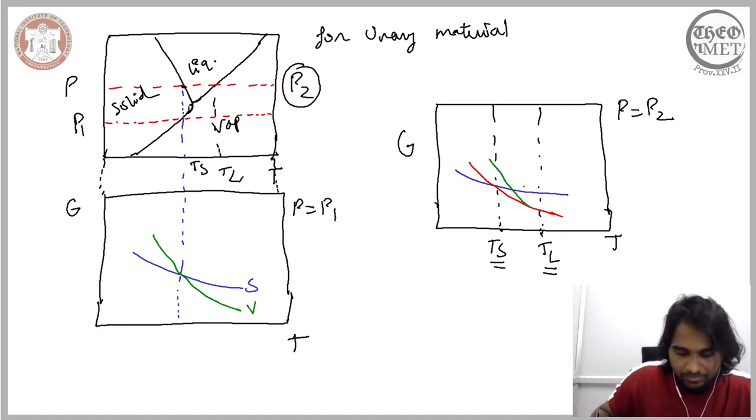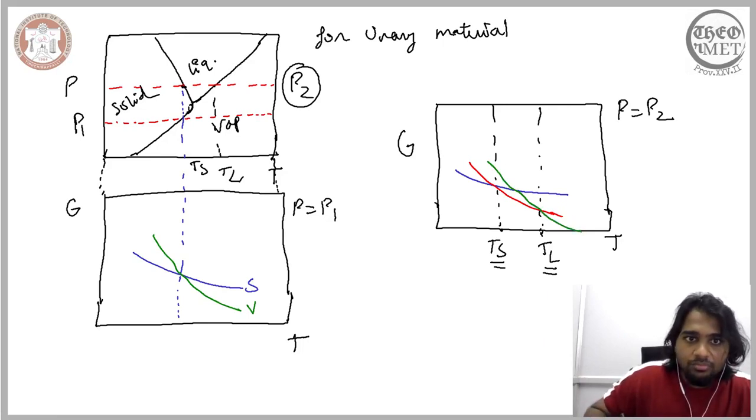So therefore we would have a curve like this. So we have now the blue curve, that is the solid curve, the red curve, that is the liquid curve, and the green curve, which is the vapor curve.